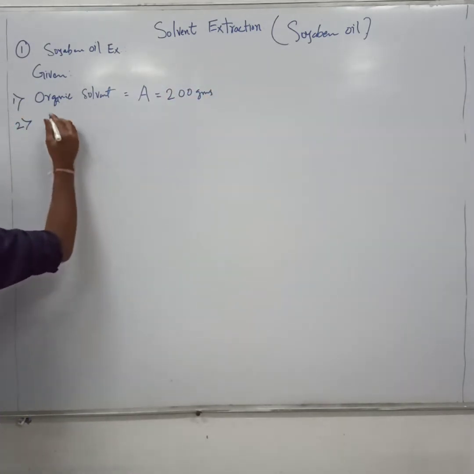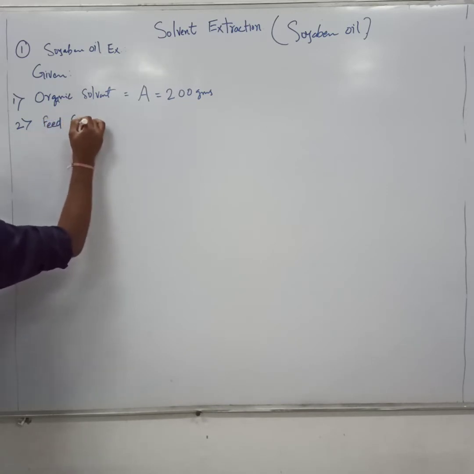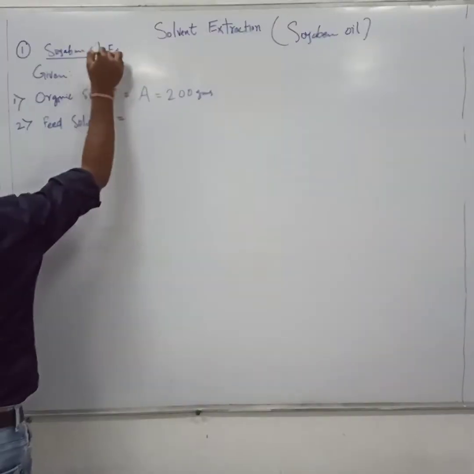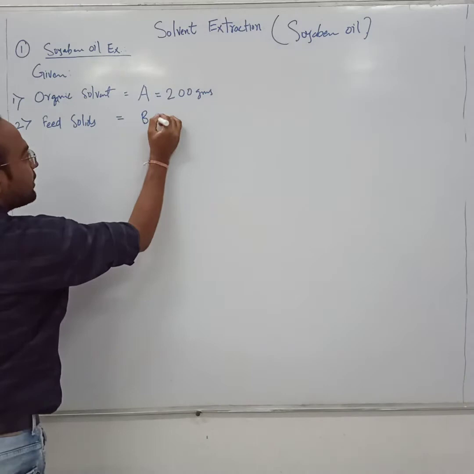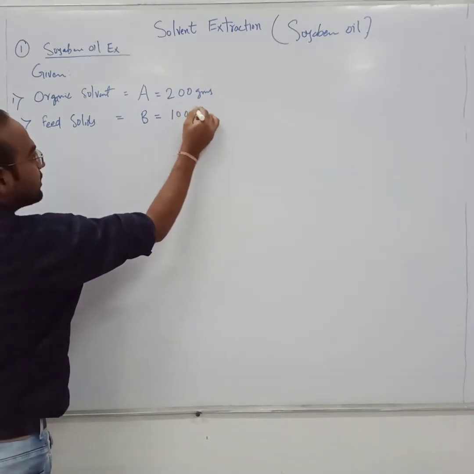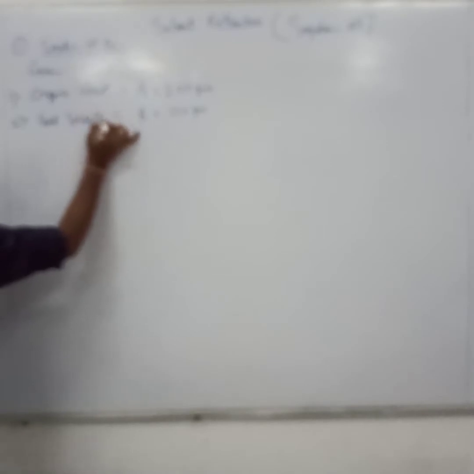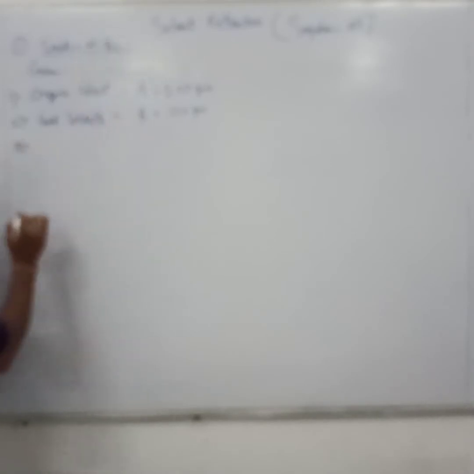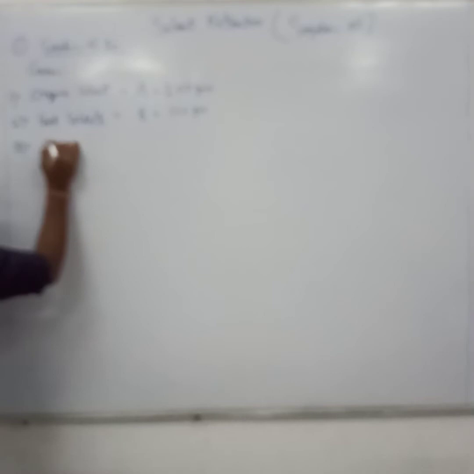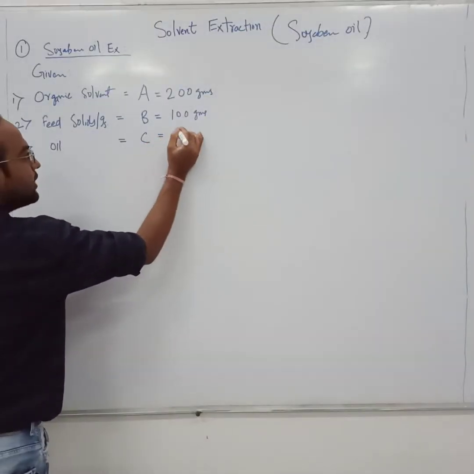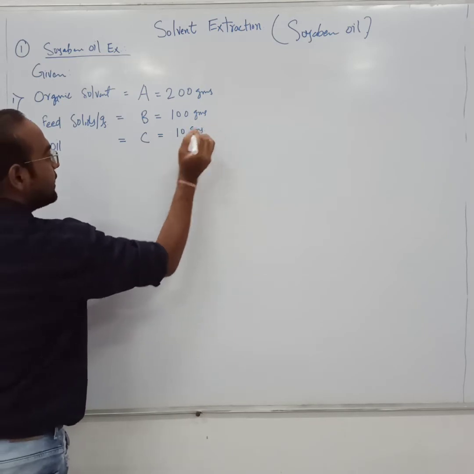Second is your feed solids or your soybean oil seeds, denoted by capital B, that is 100 grams, also known as insoluble solids. Third is the quantity of oil present in your solids, denoted by capital C, that is 10 grams. These are the basic things which are given.